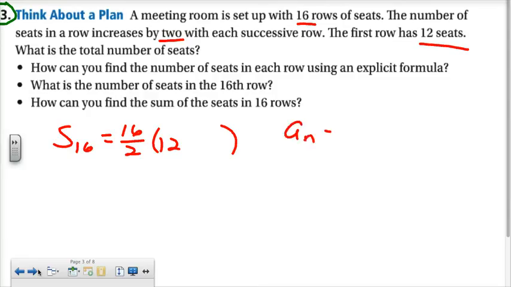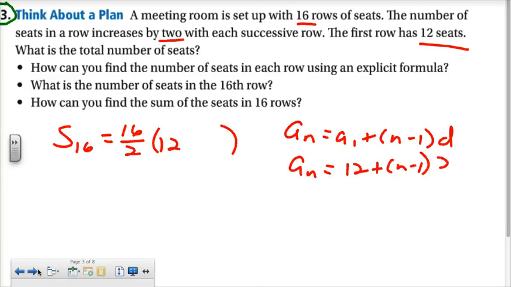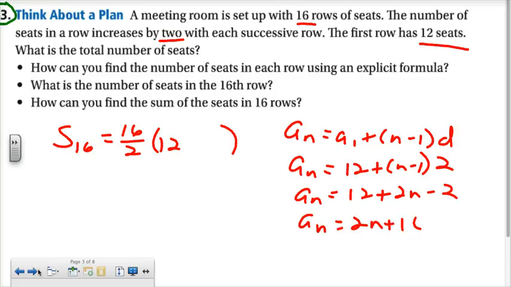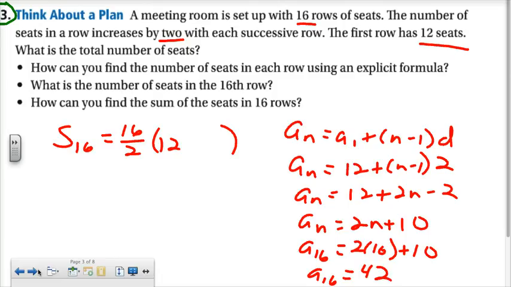So we really cannot get away from writing the rule when we deal with arithmetic. So the first row is 12, and they are adding 2 each time, that's D. We will go ahead and distribute and get our formula so that we can use that to figure out how many seats are in the 16th row, and that's going to be 42.